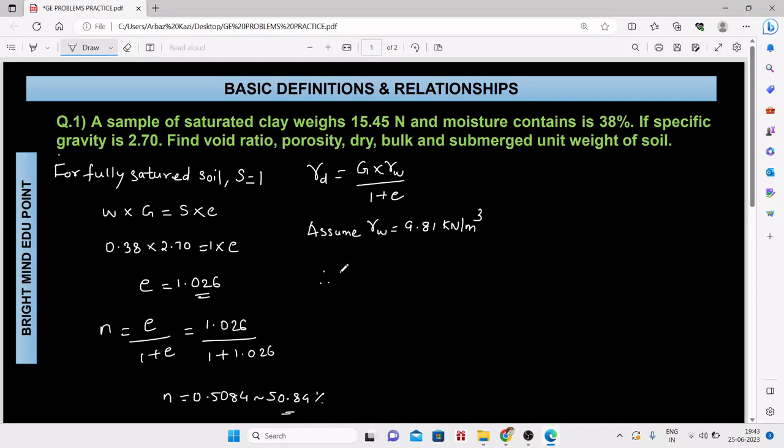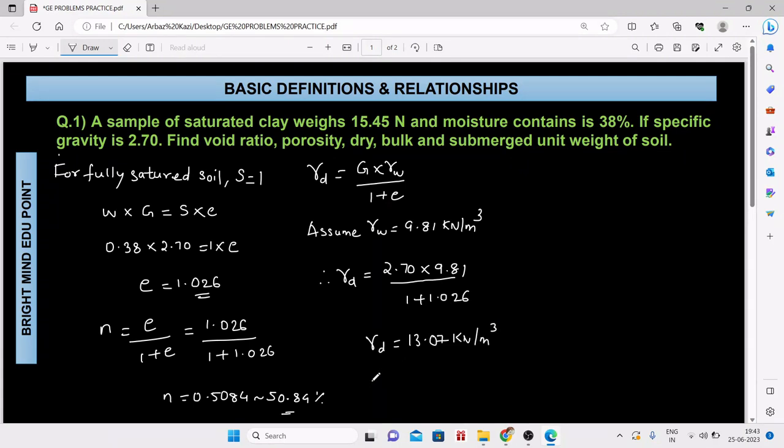So therefore, gamma d will be equal to 2.7 into 9.81 divided by 1 plus 1.026. On solving, we'll get the value for gamma d as 13.07 kilonewton per meter cube.